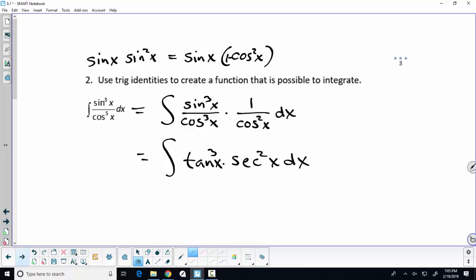I was thinking of 1 minus cosine 2x over 2. Oh, yeah, so that's also sine squared. Suppose we could do that as well. Let's stick with this. Is it helpful to write tangent cubed secant squared?